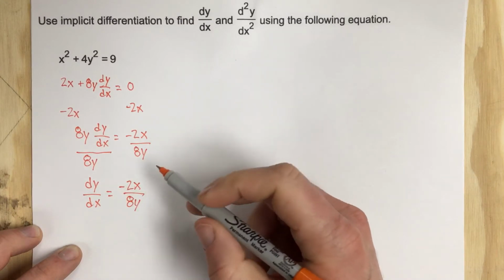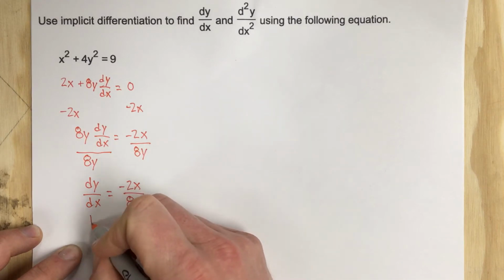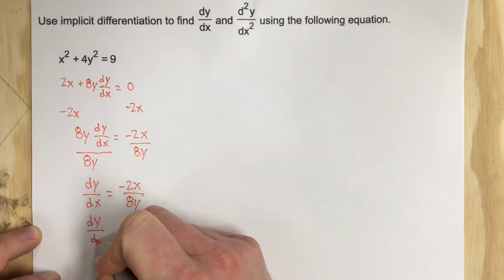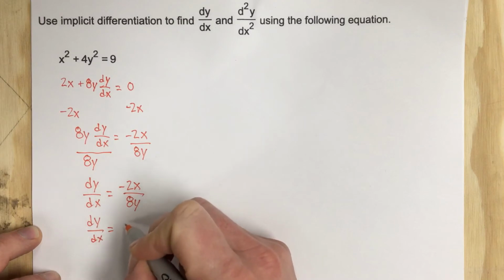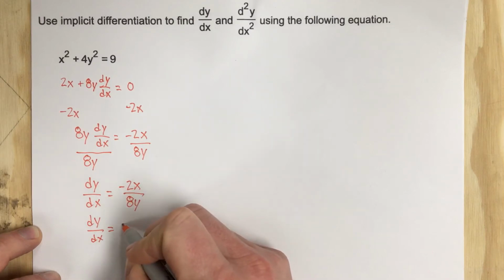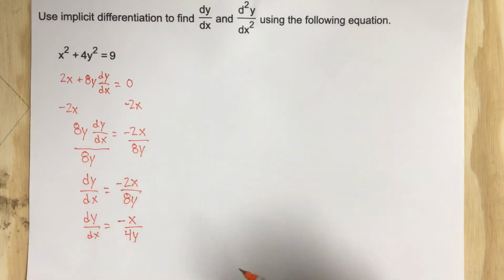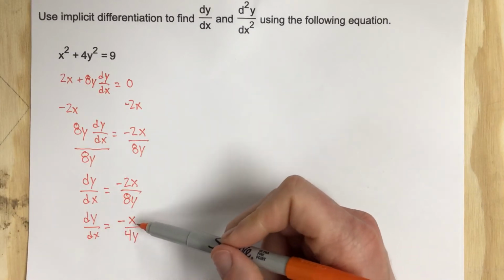Actually we could simplify this. dy over dx equals, well, 2 over 8 is just going to be 4 on the bottom, so it's negative x over 4y. So our first derivative is negative x over 4y.